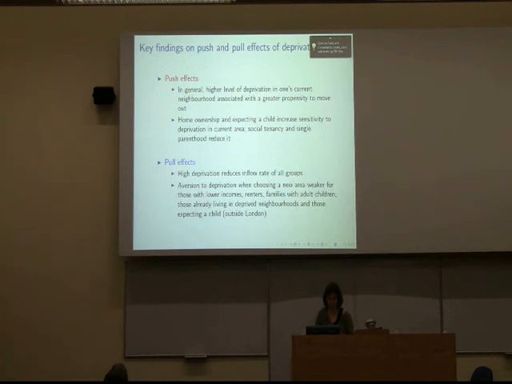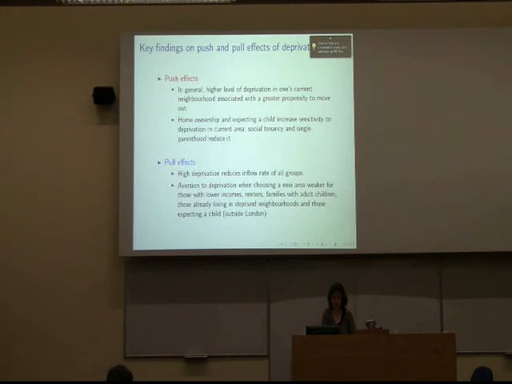And then moving on to pull effects, again, overall, high deprivation reduces inflow to a new area. But the aversion to deprivation when you're choosing a new area is weaker for those with low incomes, renters, either private or social renters, families with adult children, and those who are already living in deprived areas.